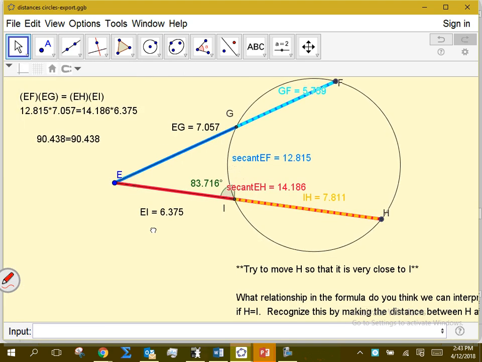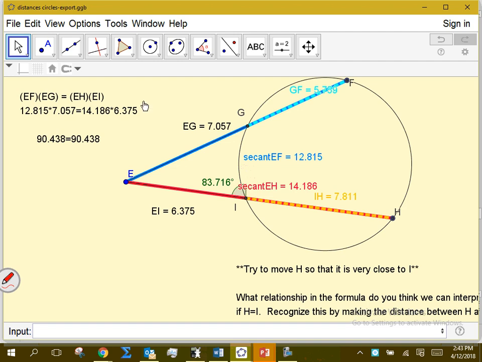It's kind of messy just to glance at, but anything that incorporates blue is referring to the whole secant, okay? So E to F is that whole blue secant, which is 12.8, okay? And you're seeing that number right here, 12.8. Then I'm going to multiply that by the outside blue part, the solid blue one, and you see it, that's 7.057.